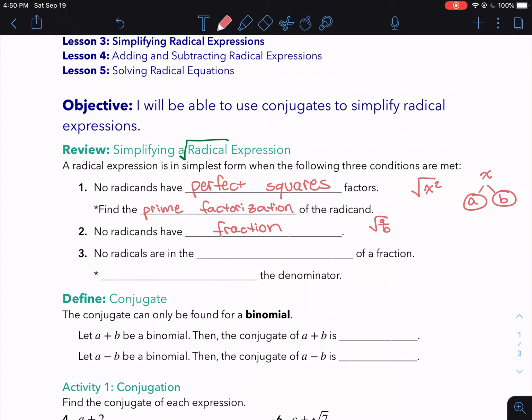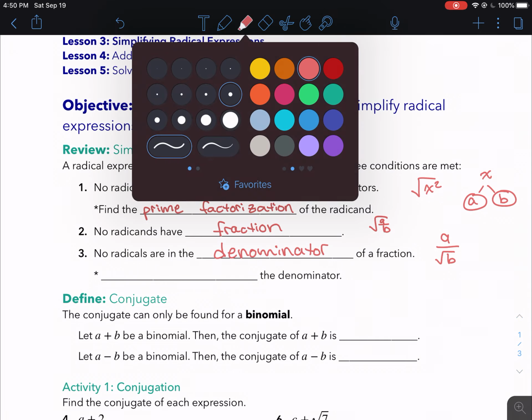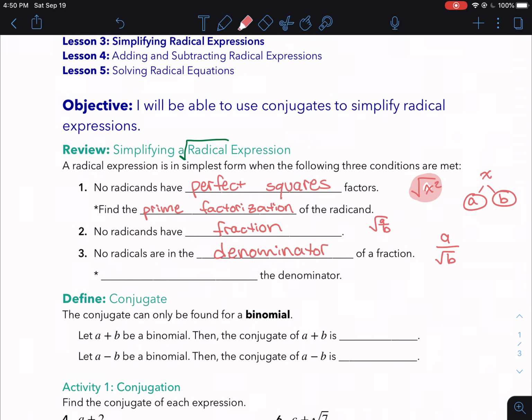And finally, speaking of fractions, we say that no radicals are in the denominator of a fraction. That is, you don't have some fraction that's like a over the square root of b. So again, the things to look out for are that you don't have an x squared, you don't have a fraction underneath the radical, or you don't have a radical underneath your fraction.